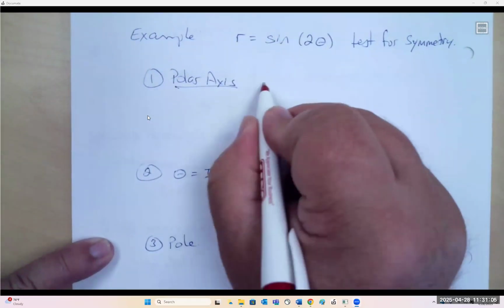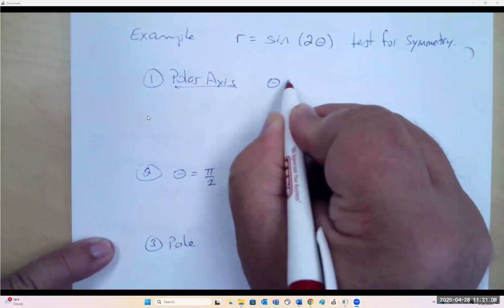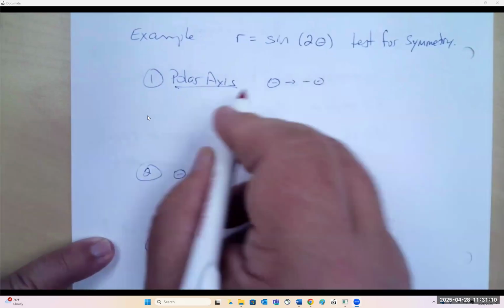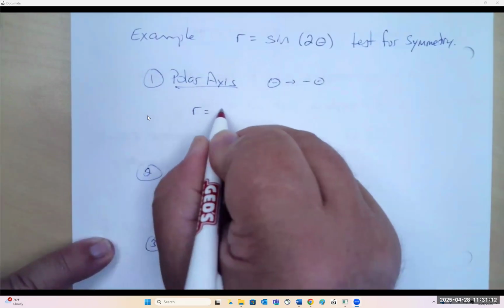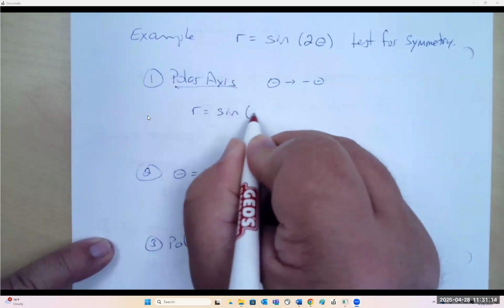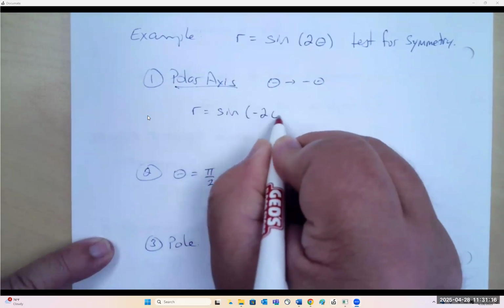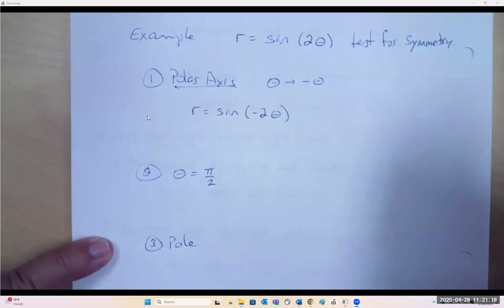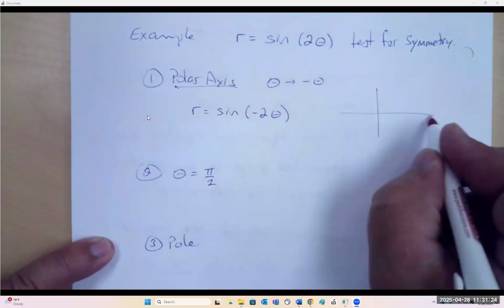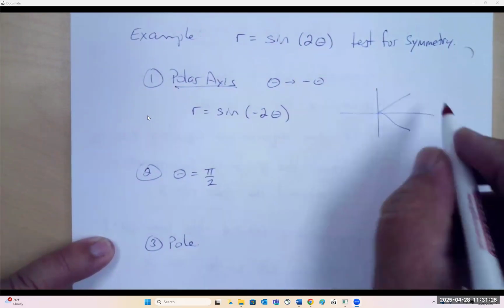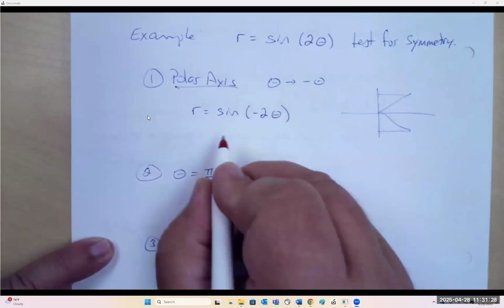So for the polar axis, we switch theta for negative theta. So we go from here. Are the values the same?